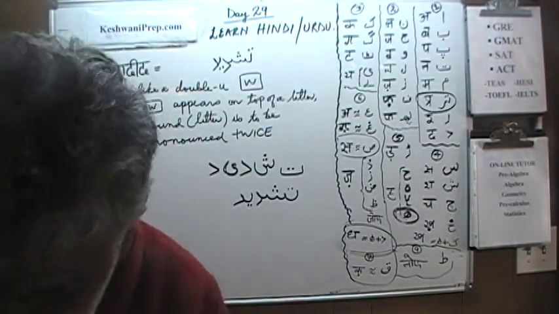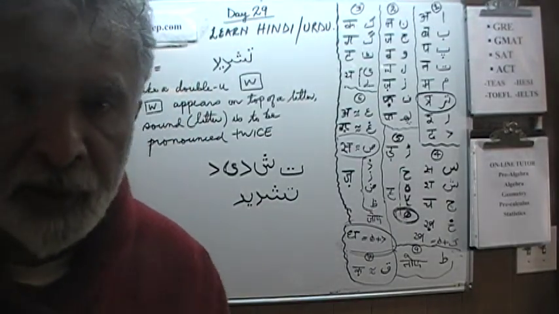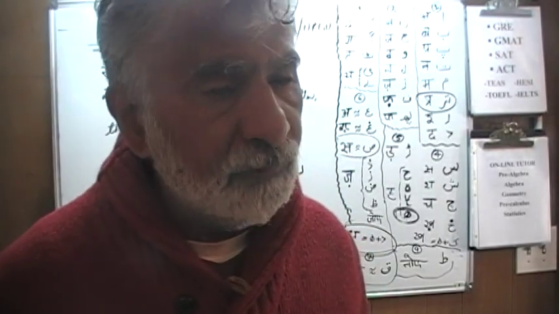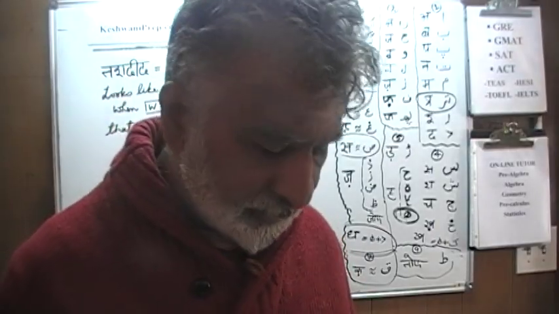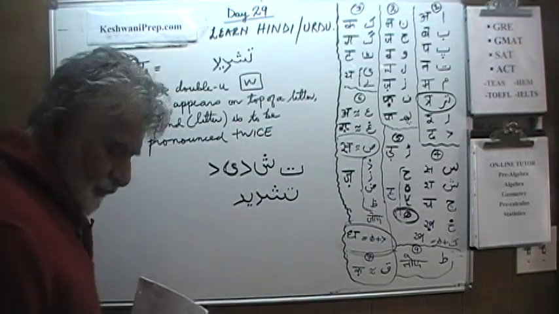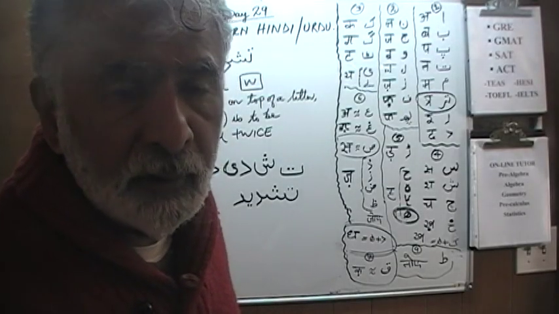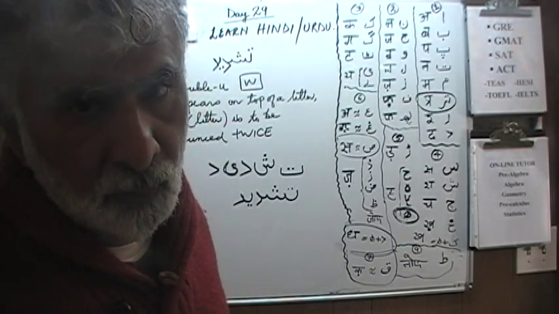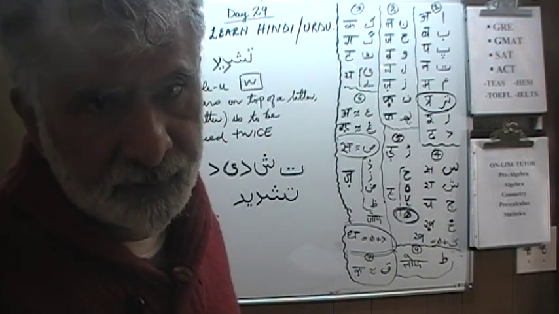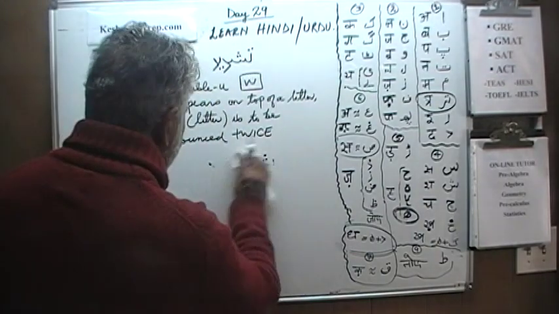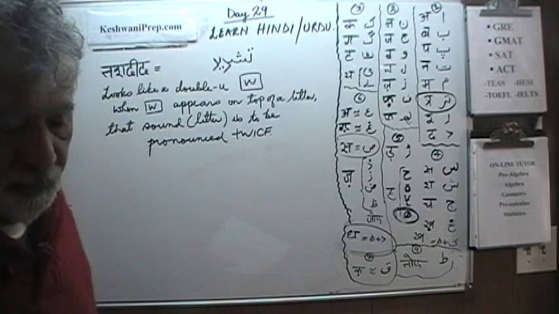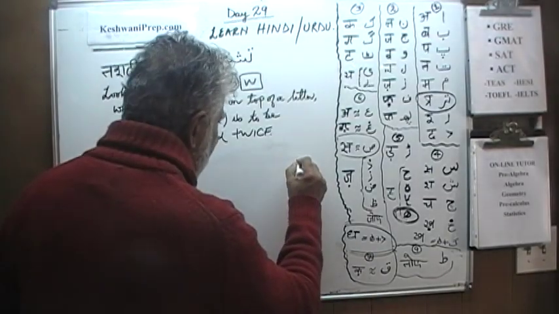We're going to do 10 words today, 10 very simple, very straightforward, very babyish words. Let's start with a word containing the first letter of the Urdu alphabet and the second letter of the Urdu alphabet. It cannot get any simpler than that. The first letter of the Urdu alphabet that we already know is alif.